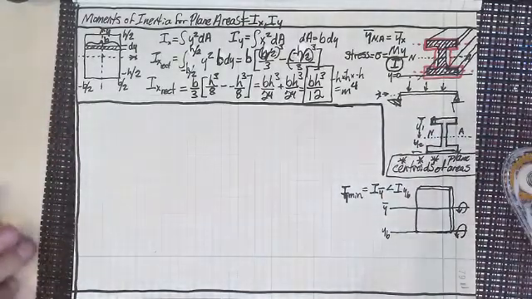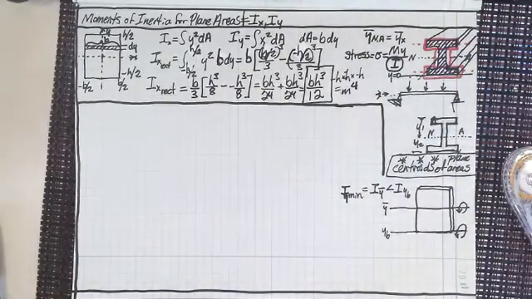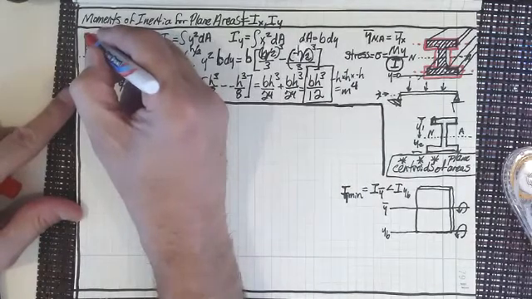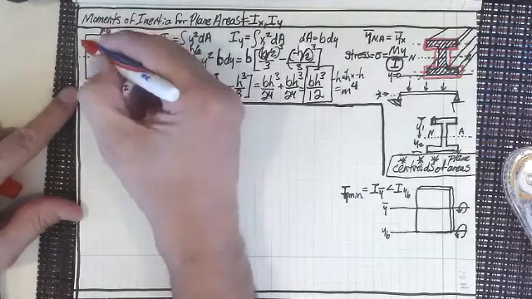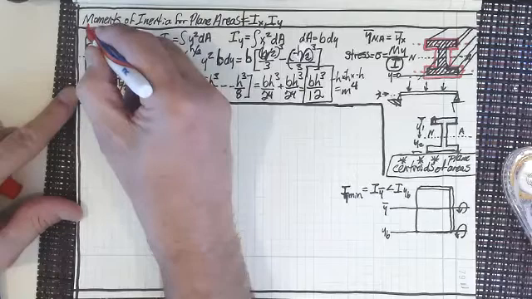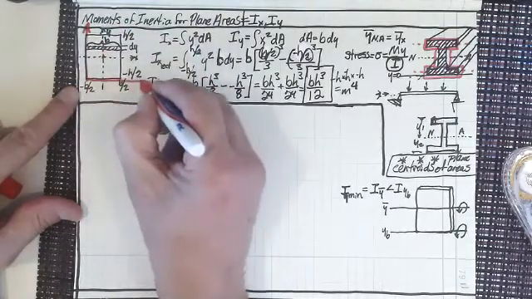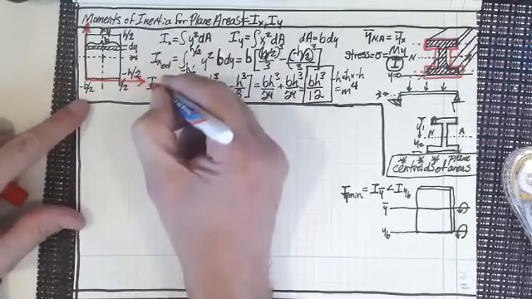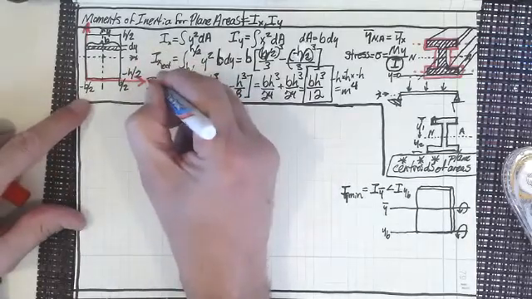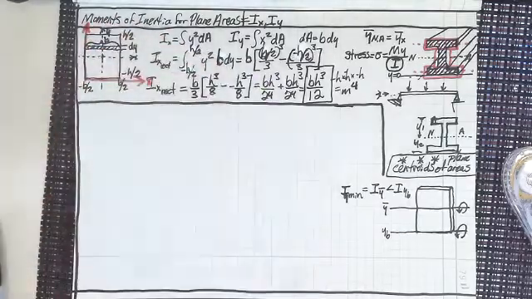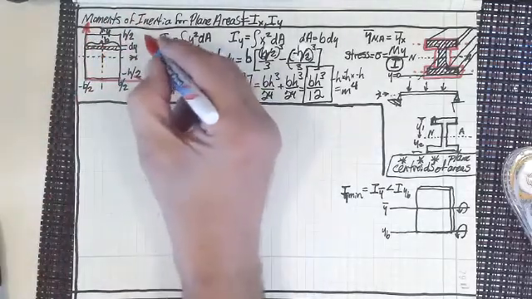But now what I want to do for this one is move the Cartesian coordinate system over here. And so now I want x to be down here at the base and y to be going up that way. And so it's going to change this, isn't it?